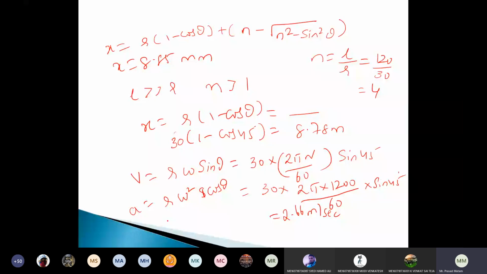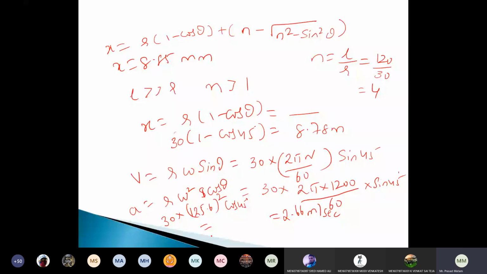R is again 30 mm. What is the omega value? 2 pi into 1200 by 60 comes around 125.6 radians per second. Omega square, cos 45 degrees.